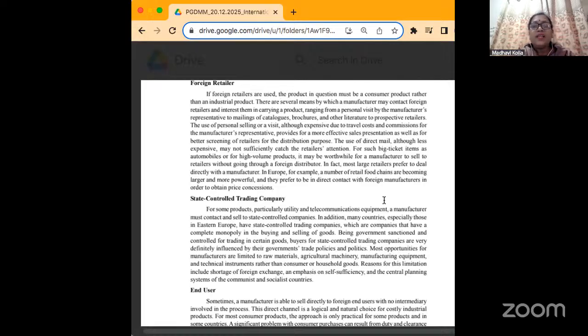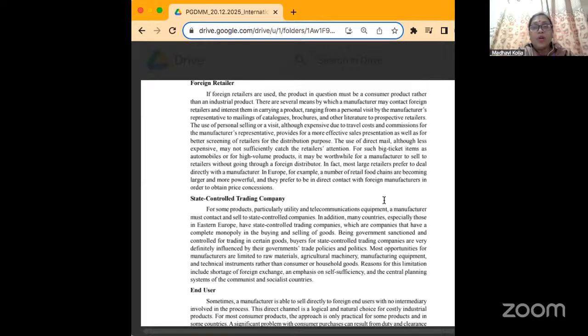However, there are certain advantages there as well, because you are able to assess your foreign retailer partner better when you meet them in person, understand what their considerations are in taking a partnership in their fold, and you can also understand a little of the market sense. How does the market function? Who are the customers? What are the kind of sales?